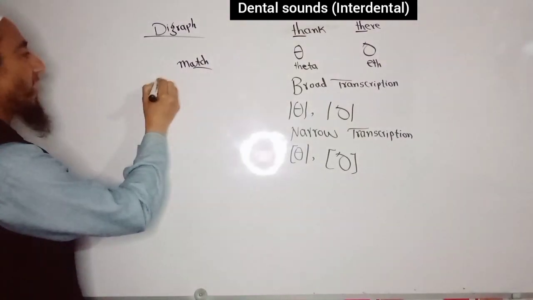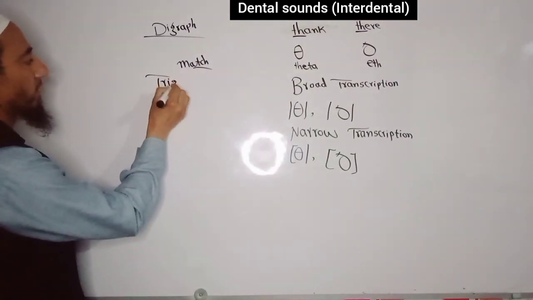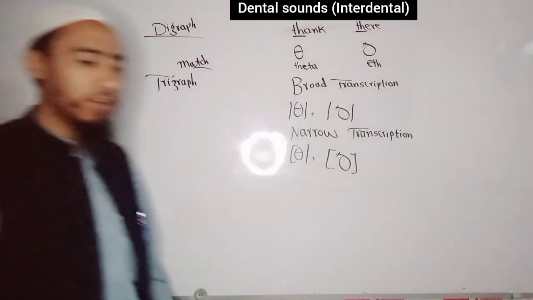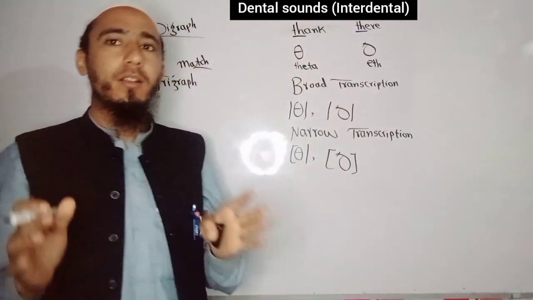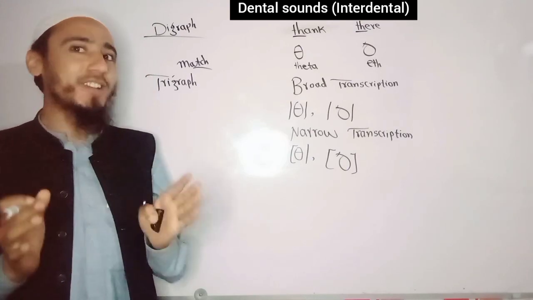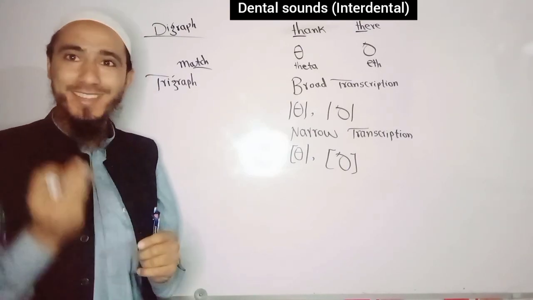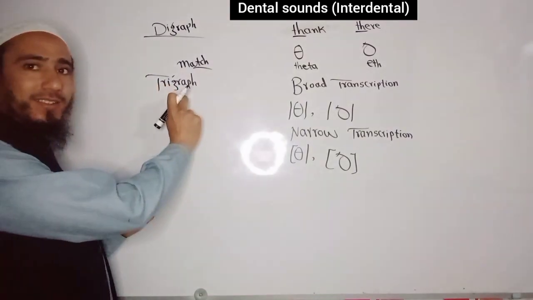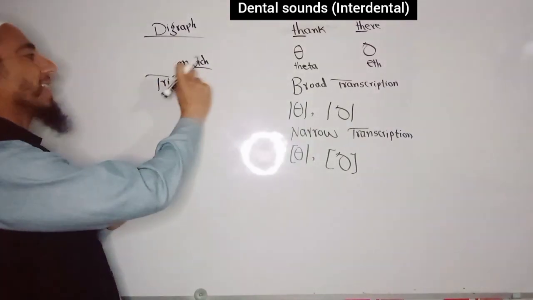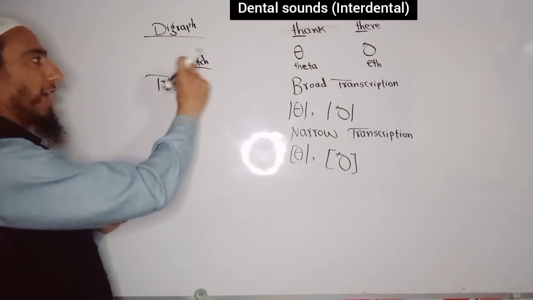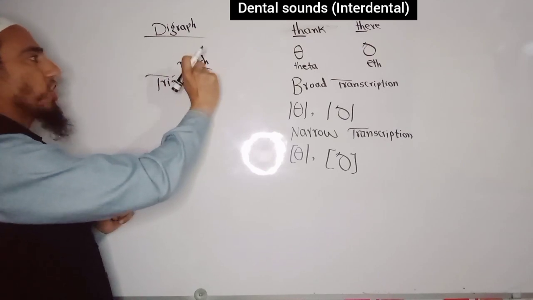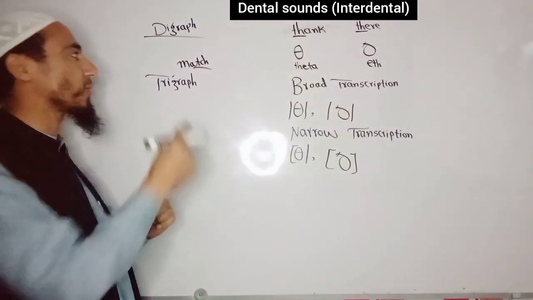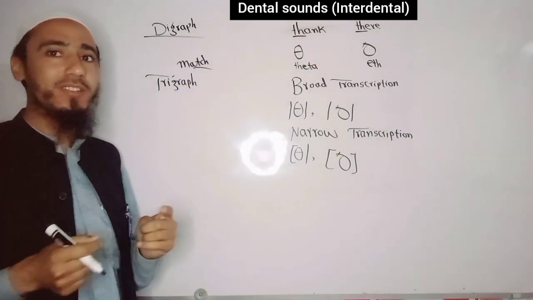We call it a trigraph. The combination of three letters which produce a single sound is known as a trigraph. As I have written this, trigraph, like we say match. So T, C, H. These three letters produce a single sound, and that is the cha sound.